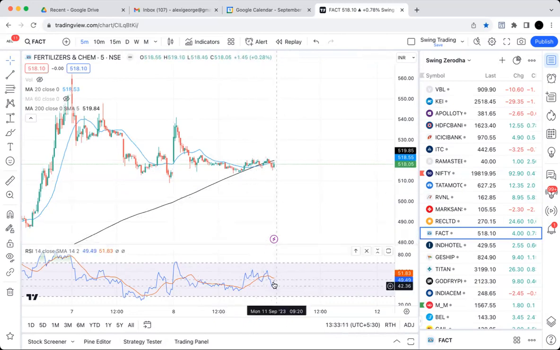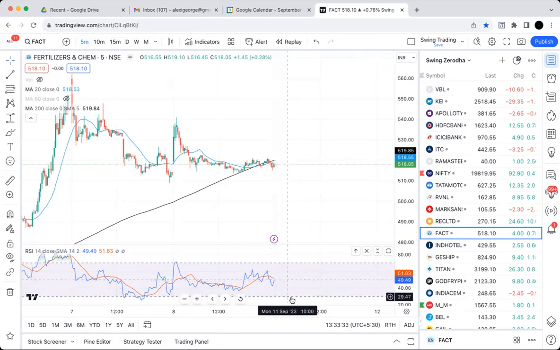The only thing here is the RSI. When the RSI is way up here, up to this line and above, that means it's overbought. That means the price may not go up much further from there. It's very unlikely.